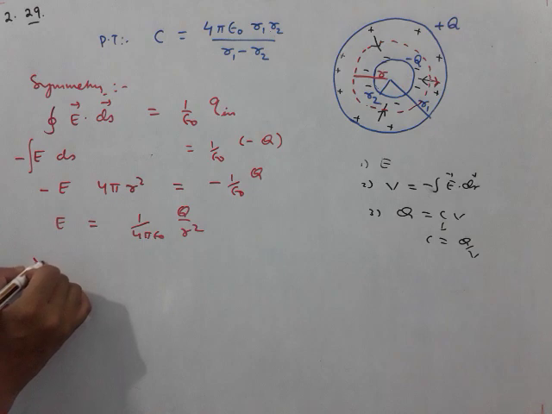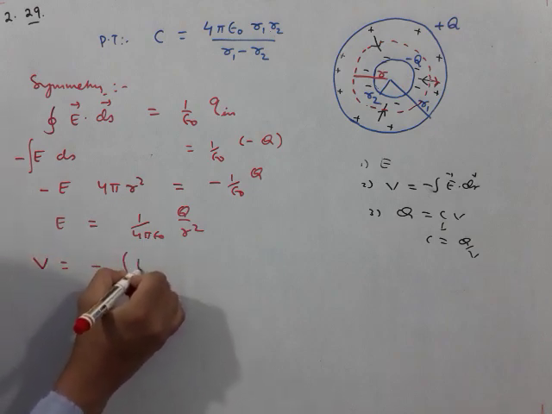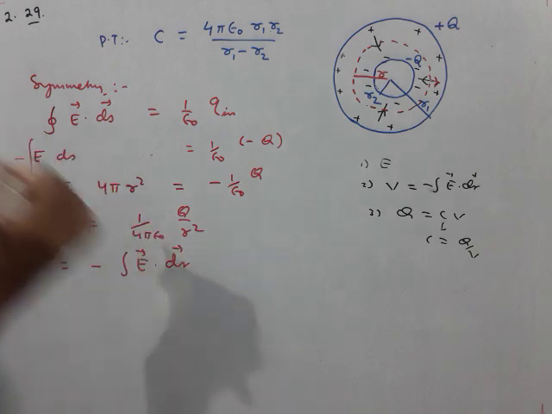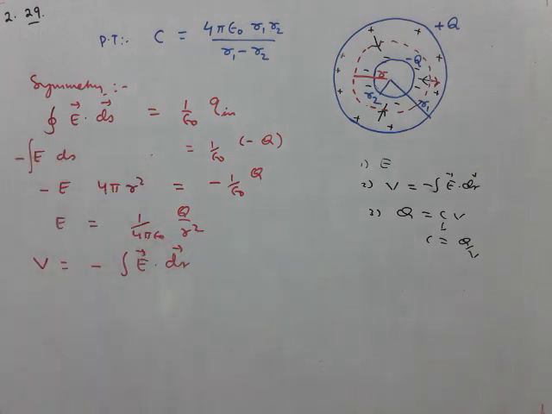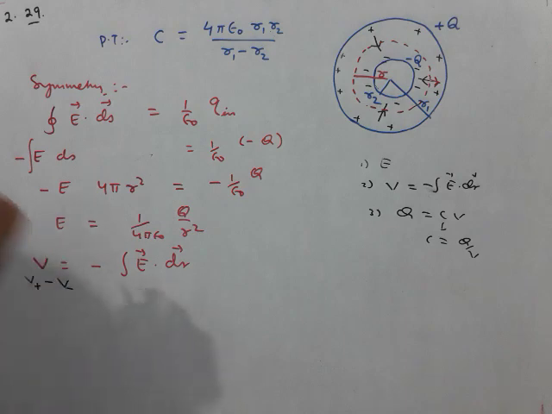Next, step number 2, we have to find V. V will be minus integration E dot dr, from where to where? Now see, what is V? V is the potential difference between the plates of the capacitor. So this V is nothing but the potential of the higher potential plate minus the potential of the lower potential plate.